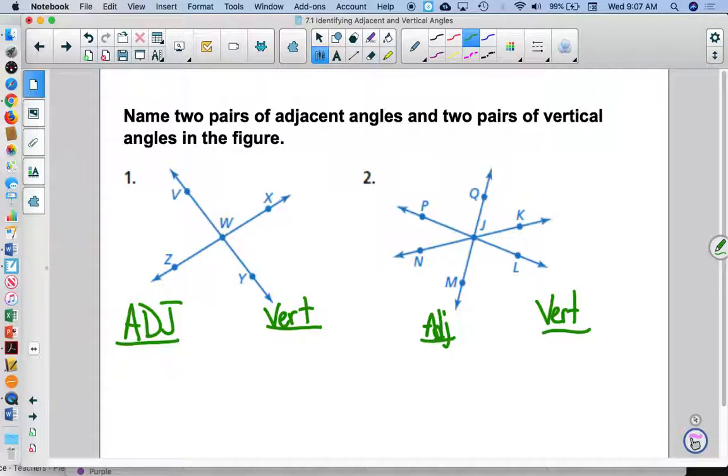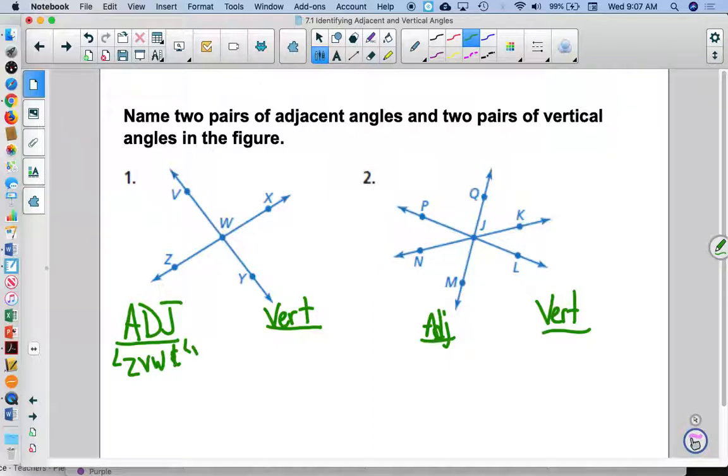Got it. I see it. Somebody give me an adjacent angle for number 1. What's a pair of adjacent angles? Let's try this, Miss Savannah. Angle ZVW.